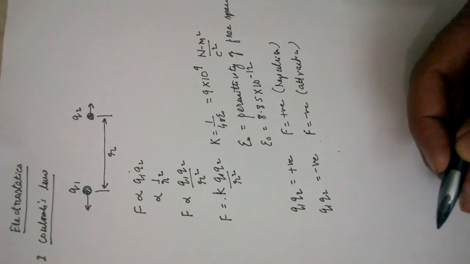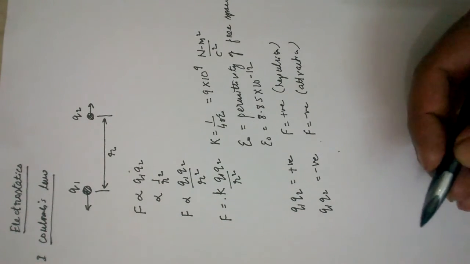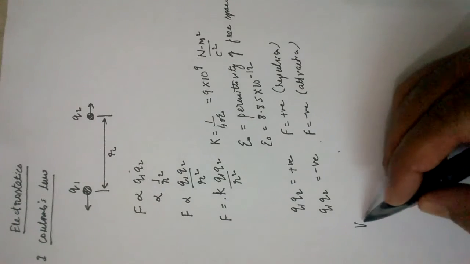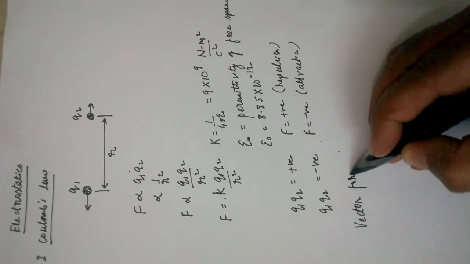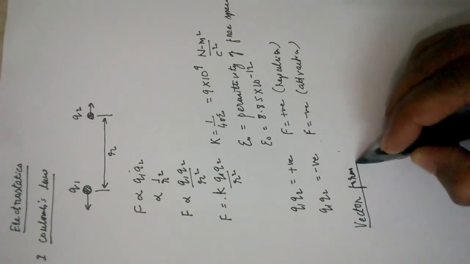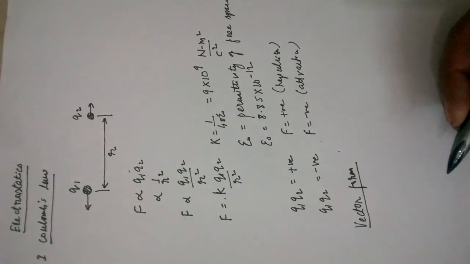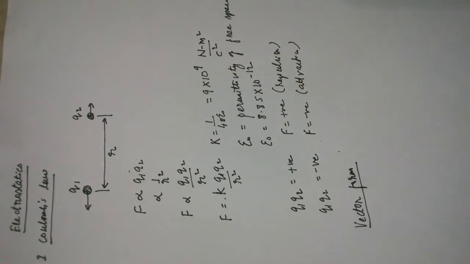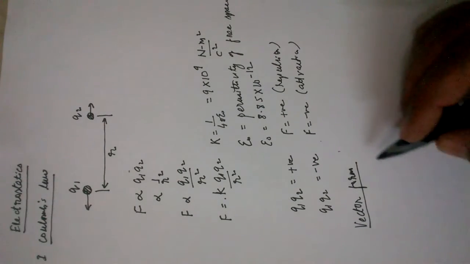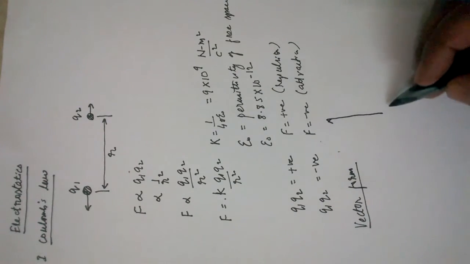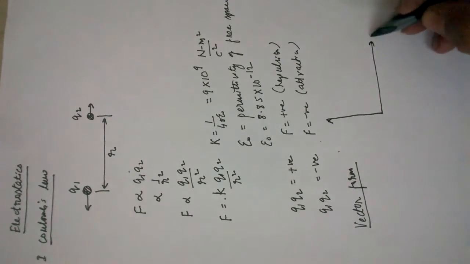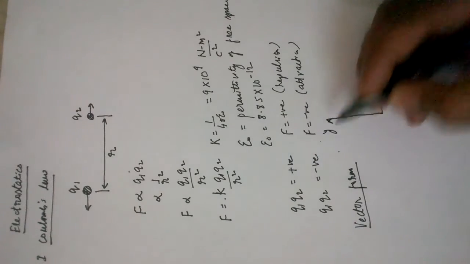Now we come to the other aspect of Coulomb's law, that is the vector form. What is the need of the vector form? We know that force is not a scalar quantity, force is a vector quantity. Suppose I take two charges. This is the coordinate system, x-axis and y-axis I draw.